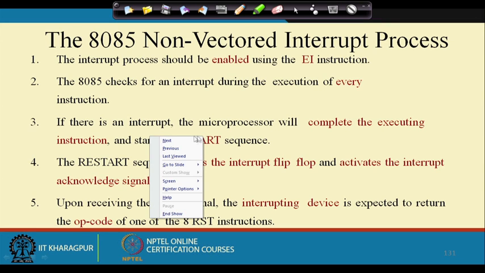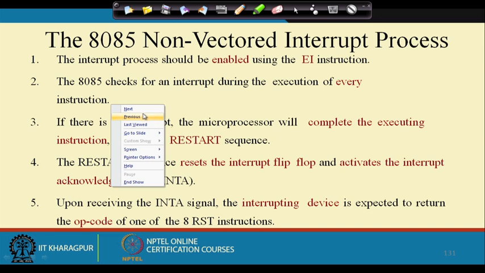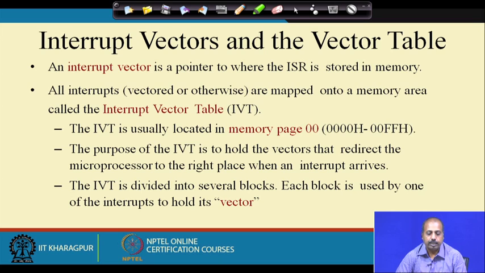I will take an example. Say the interrupt RST 5.5 has occurred. The processor multiplies this value by 8, so 5.5 times 8 gives 44.